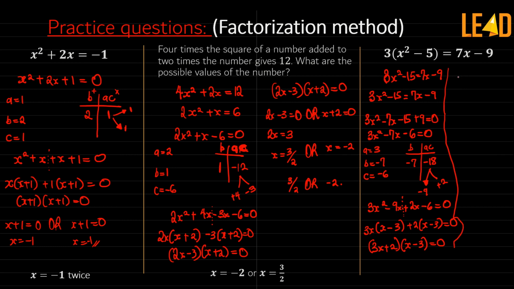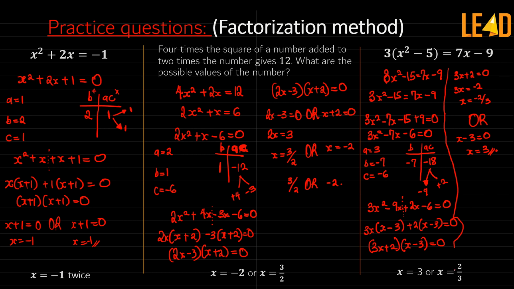If 3x plus 2 is equal to 0, that would mean 3x is equal to negative 2, which makes x equal to negative 2 over 3, or x minus 3 is equal to 0, which makes x equal to positive 3. So those are the 2 solutions you could have: x is equal to 3 or x is equal to negative 2 over 3.